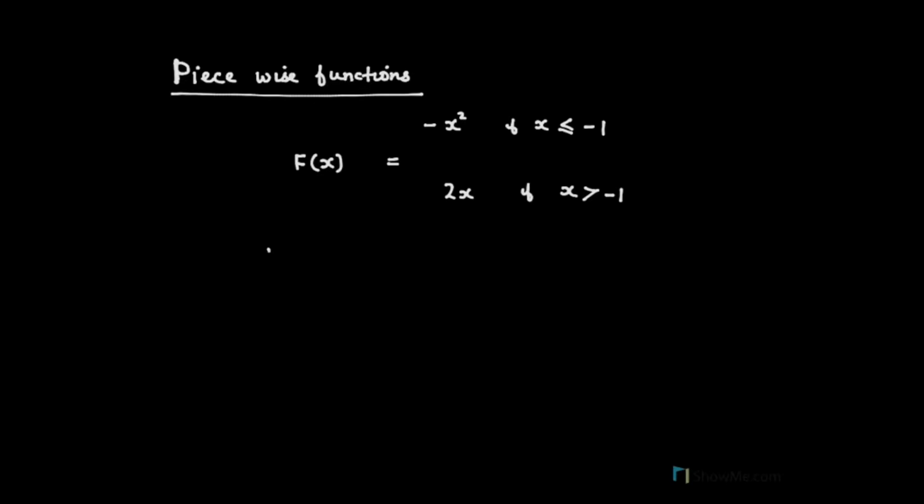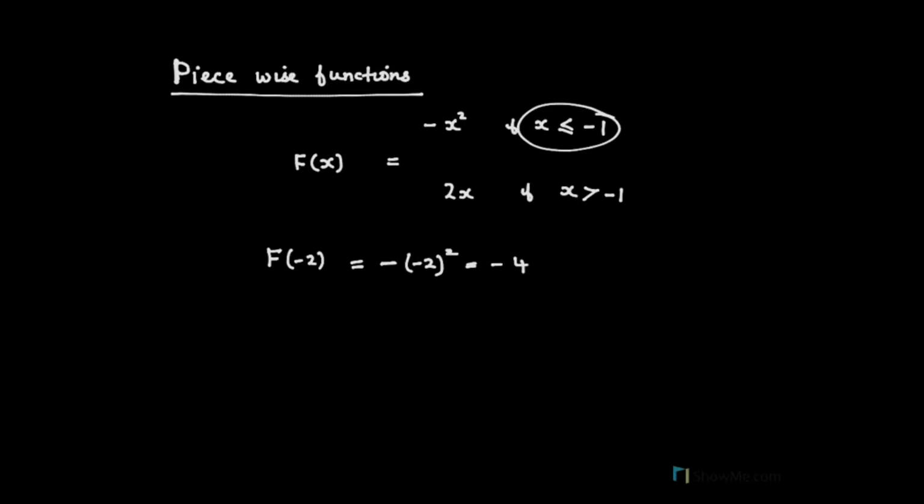In this case, if I want to find f of minus 2, now minus 2 comes under the first category, so I need to substitute in this equation, so I get minus of minus 2 the whole square, which is minus 4.